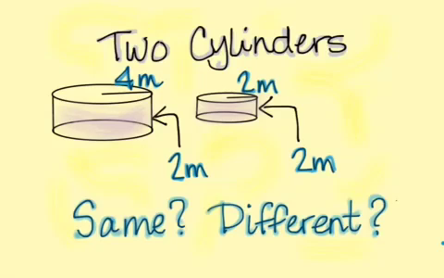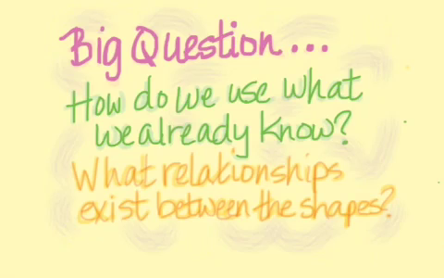As they're doing that, I will ask them if they have any other questions before I lead them to the final question, the big question. How do we use what we already know? So what information do they already have that will help them?